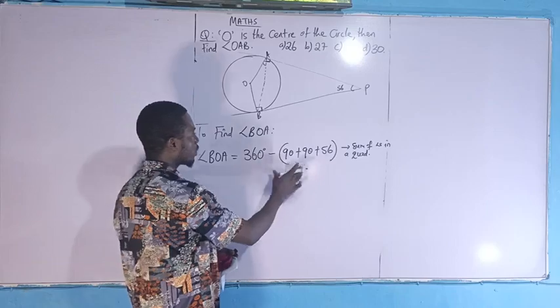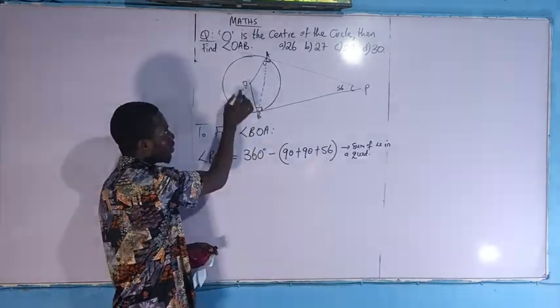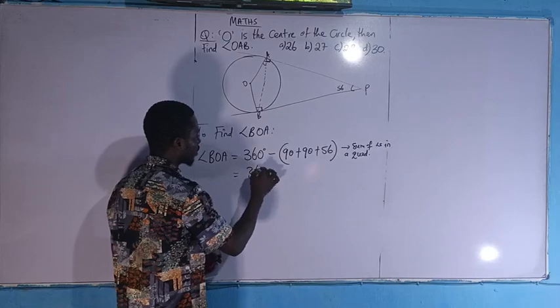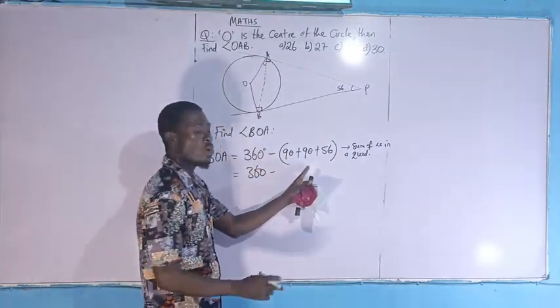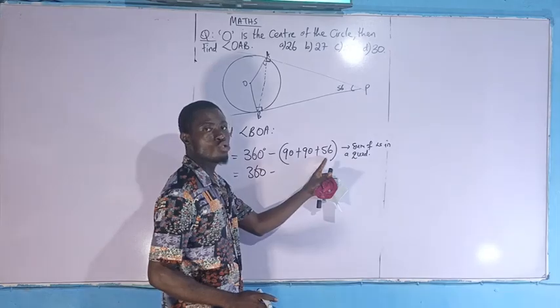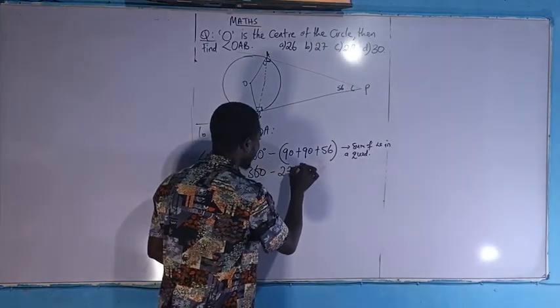So that is how we know that when we add these together and subtract from 360, the remaining one will be this. So now we have 360 degrees minus this. 90 plus 90 gives us 180 degrees. 180 plus 56 will give us 236. So this is 236 degrees.